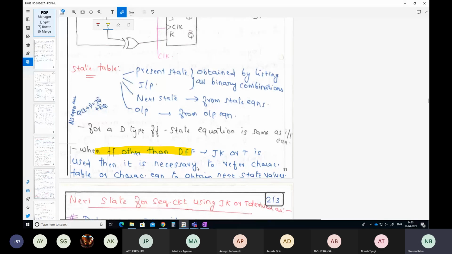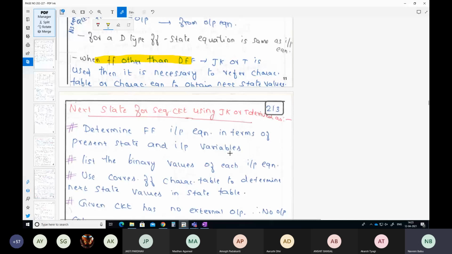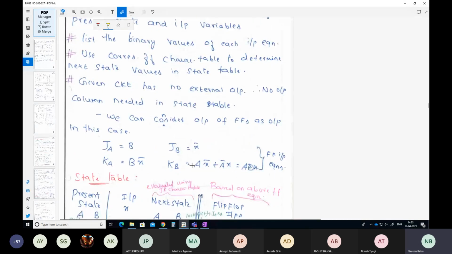Let us see how. Now, you have to determine the flip-flop input equations in terms of the present state and your input variables.